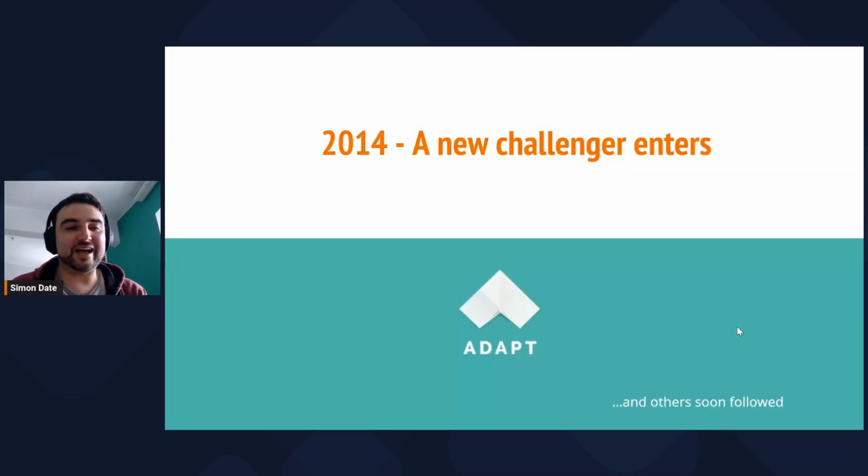But there's been a revolution towards responsive authoring tools that have more modern design inspiration, and Adapt was probably the first authoring tool that led that charge back in 2014. And there's many other really good tools that have the same kind of design influence.